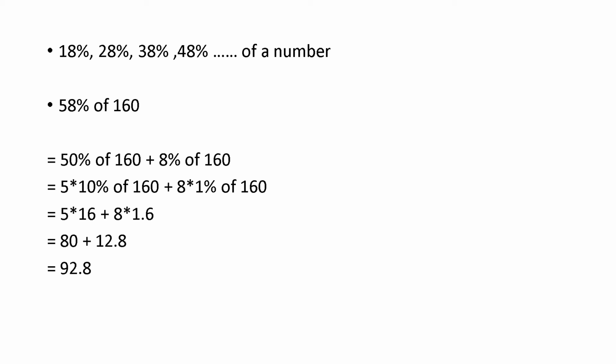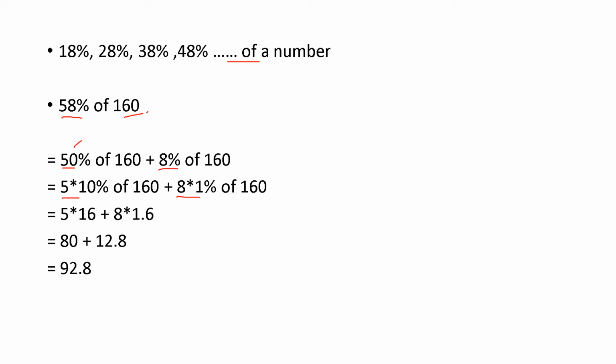Next is 18, 28, 38, 48 and so on percentages of the number. Example, 58 percentage of 160. 58 means 50 plus 8. 50 means 5 into 10. 8 is 8 into 1. Okay.